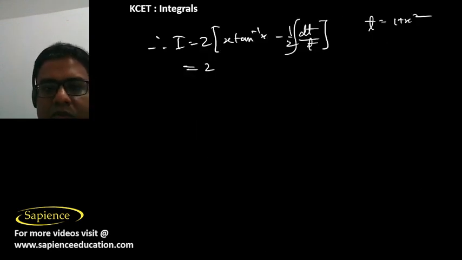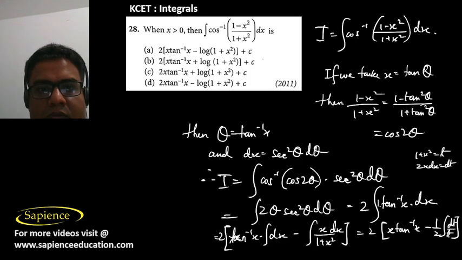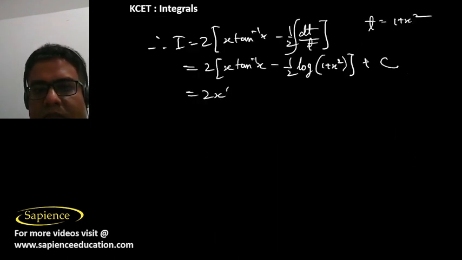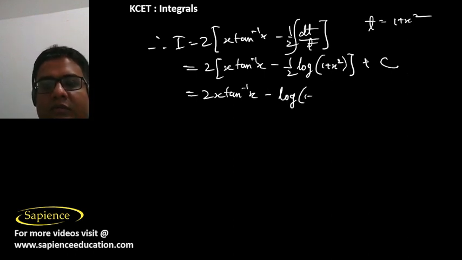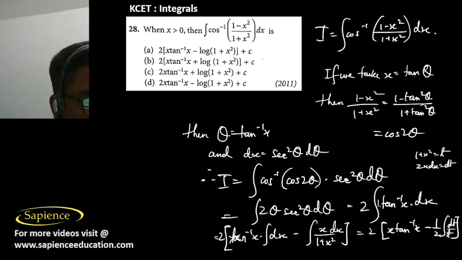So this will be 2 into x tan inverse x minus half log mod t, which is log of 1 plus x square plus c. So this will be equal to 2x tan inverse x minus log of 1 plus x square plus c. So it will be option D. Option D is the correct answer.